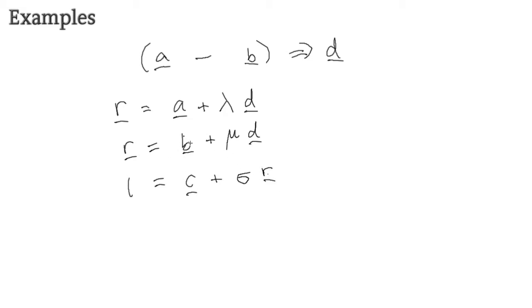And I'm going to swap this B away to a G, vector G. Okay, so we now have three vectors. I need to rename this as, let's say, K. So I've got three vectors: R, K, and L.